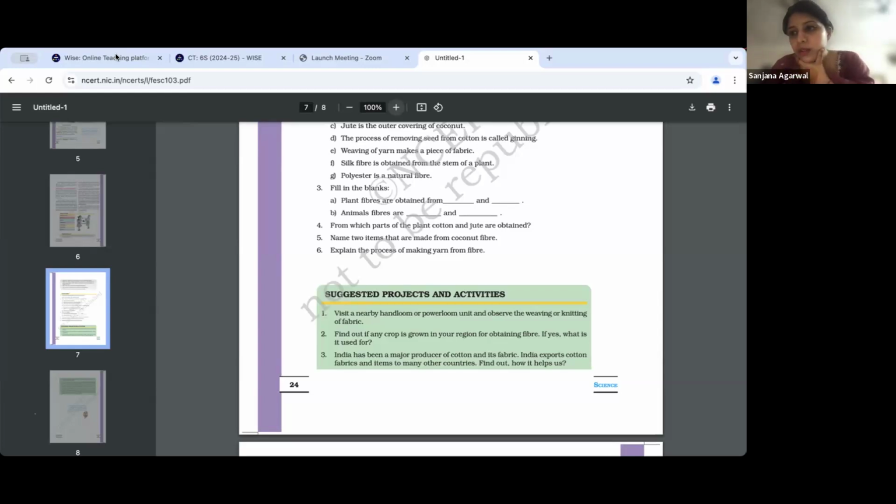Next question. Add one more point in weaving, that weaving of fabric is done on looms.